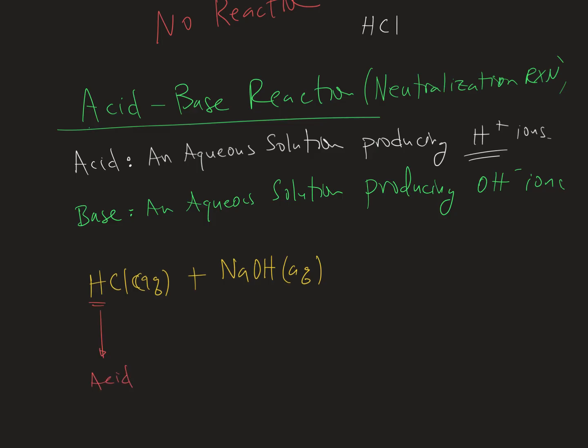This hydroxide is what makes it a base. So you have to have that to be an acid-base reaction. And then this is a double replacement reaction, so the sodium comes over here to the chlorine and makes sodium chloride.